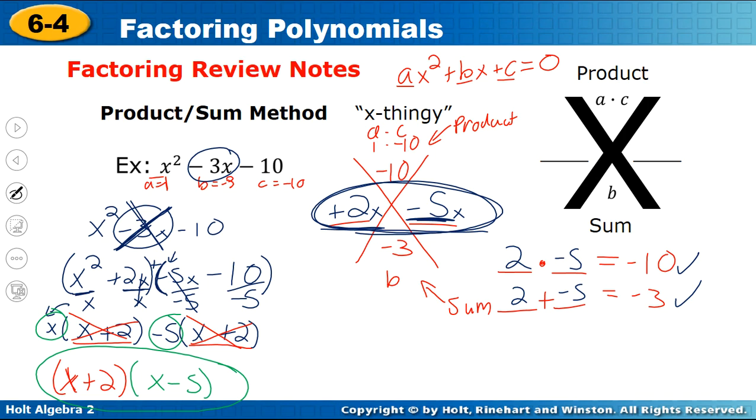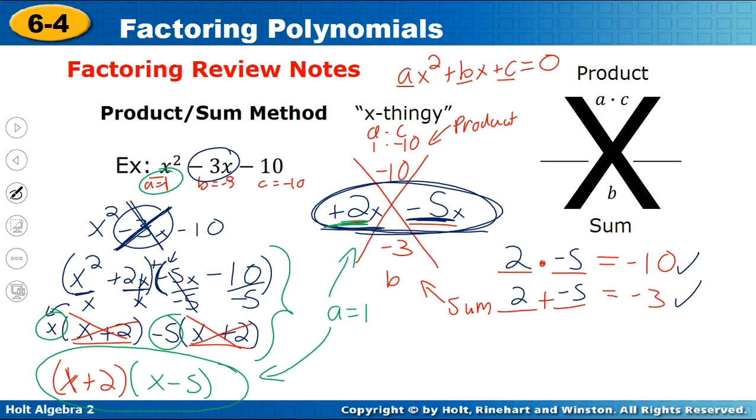But here's a shortcut that I'm going to mention, because this stuff in the middle here isn't always necessary. So here's how you can tell. If your a value is 1, which our a value was, right? If a value equals 1, then these numbers up here are always going to be the same as the final factored form.